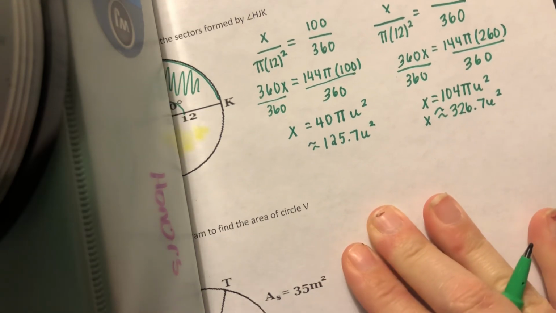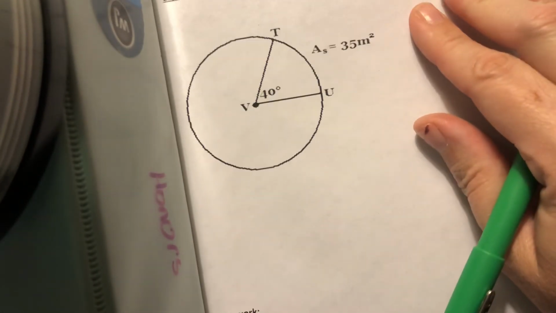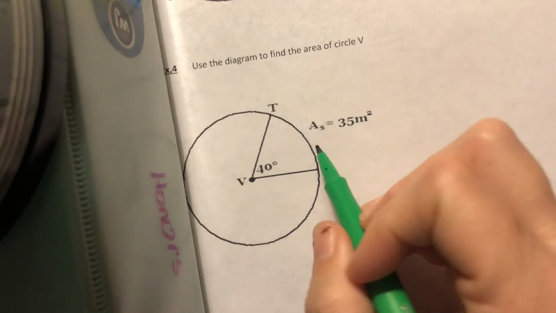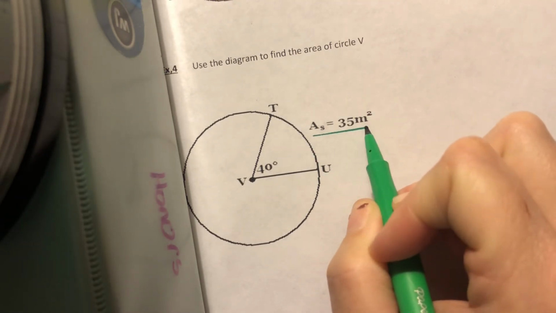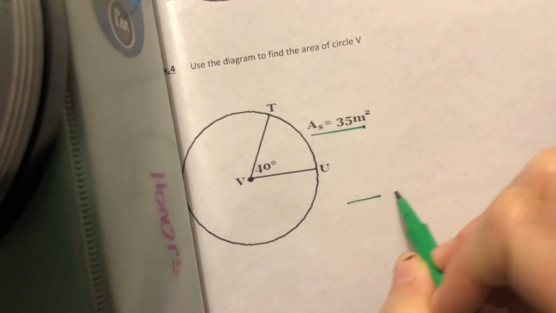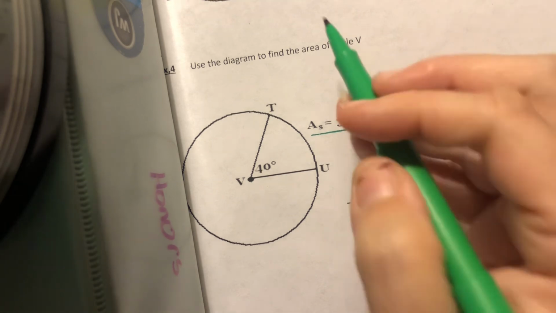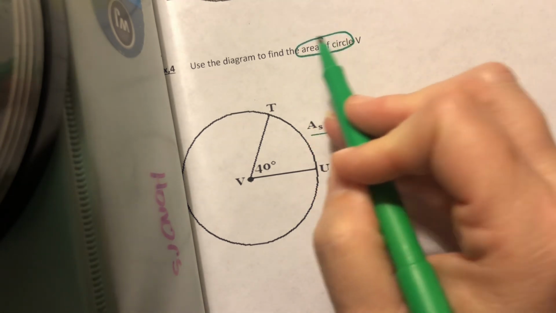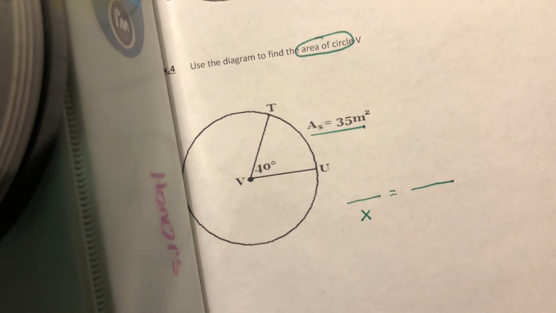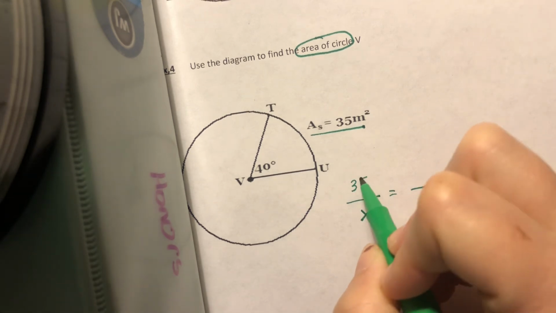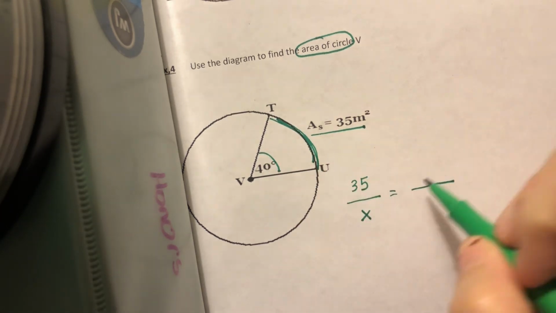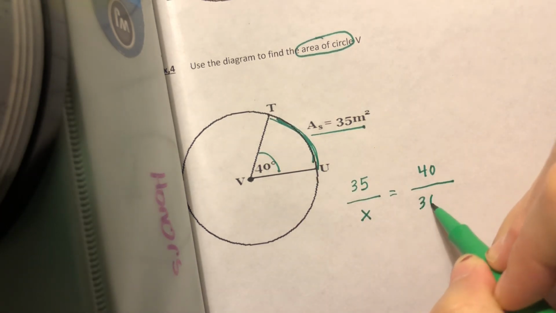Okay, and then last one for today, it says use the diagram to find the area of the circle. Right here it tells you the area of this sector is 35 meters squared, so we know we're going to need our proportion. This one's a little different. It wants us to find the area of the circle. So that's this spot that I'm going to put my X in. I know the area of my sector is 35. I know this arc measure is 40, and that's always a 360.